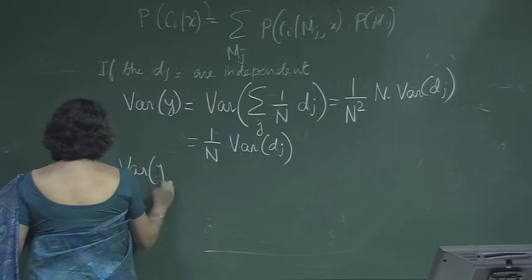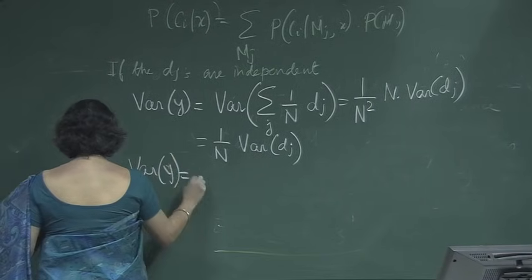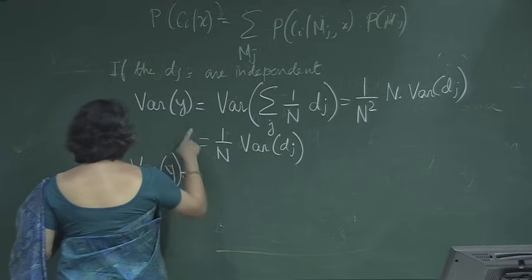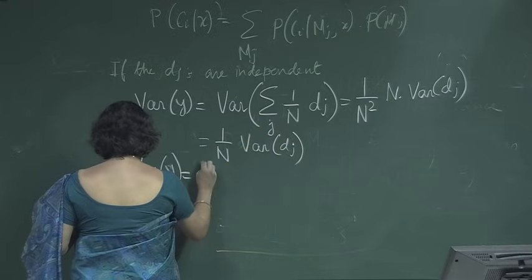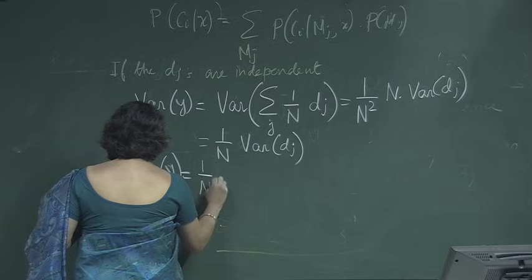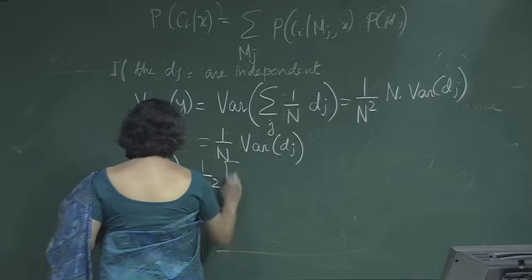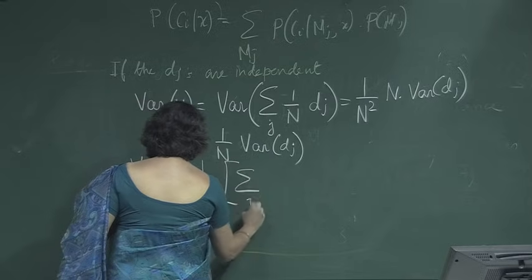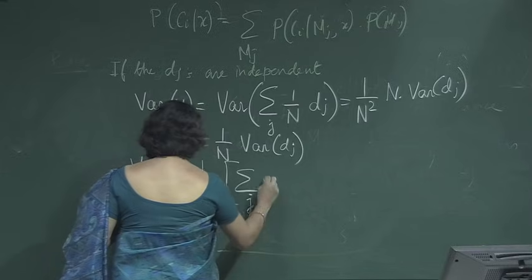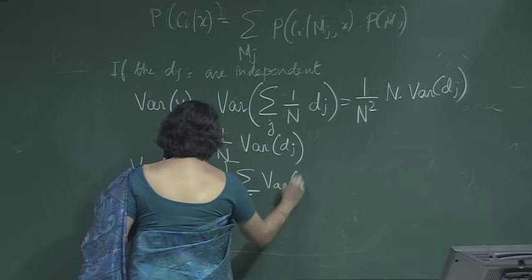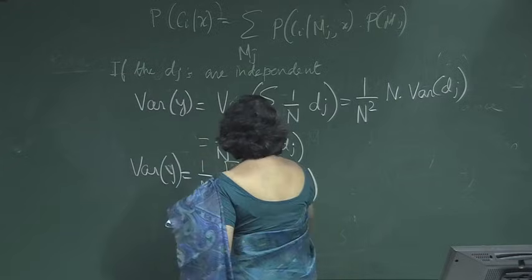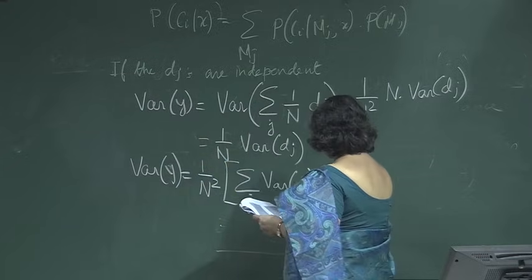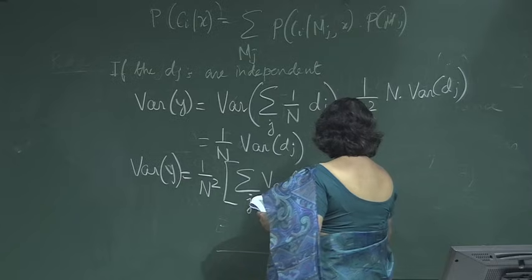we can tell that the variance of y is still 1 by n square variance of this thing, which can be shown to be equal to 1 by n square summation over all models j variance dj. So, this is the same as the previous factor, plus there is another term which is 2.